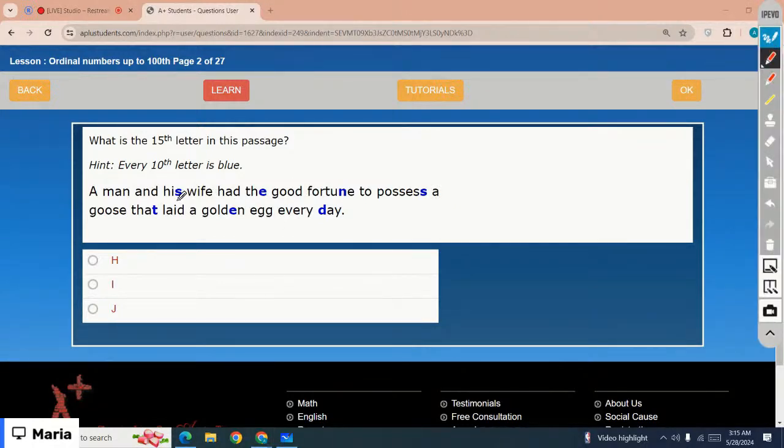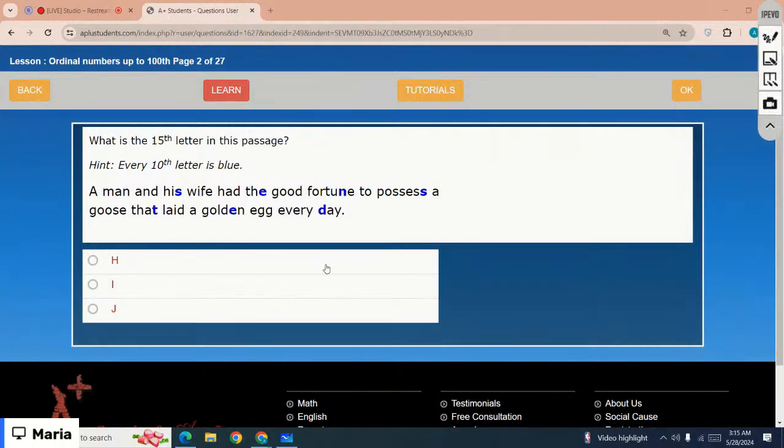The 10th is blue. So 11, 12, 13, 14, the 15th is H. The correct option is H. Option number one is the correct option.